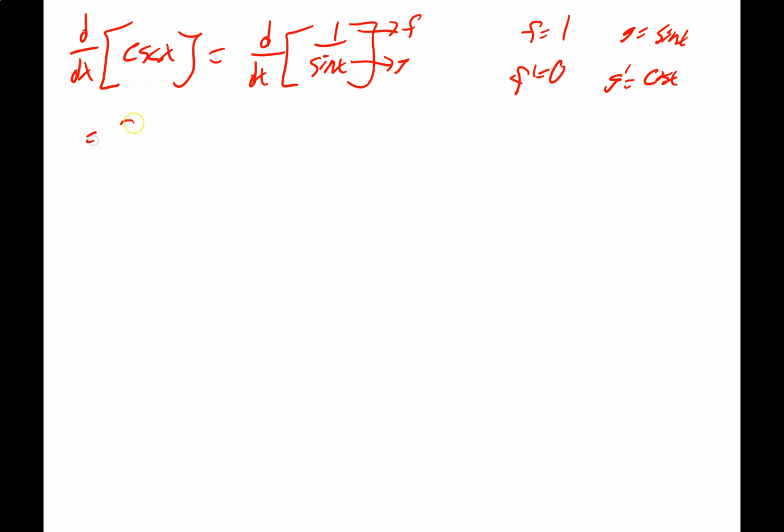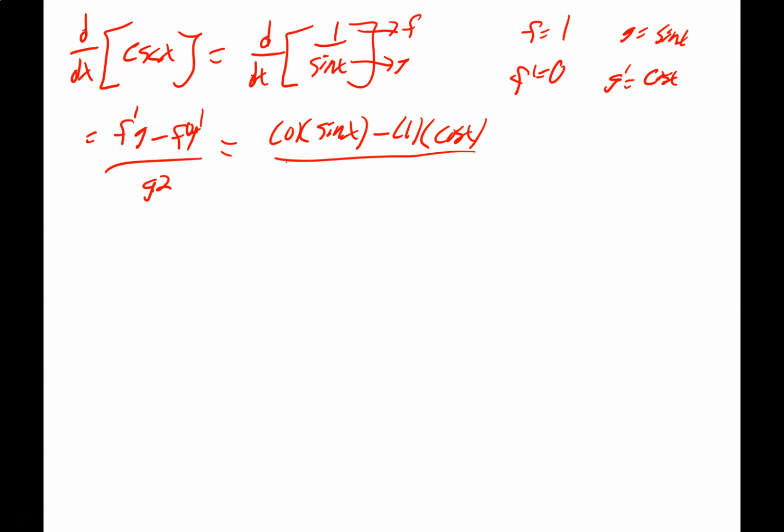So our derivative, remember, f prime g minus f g prime over g squared, prime the first, prime the last, and minus. So our f prime is 0 times our g sine minus our f, which is 1, times our g prime cosine, all over our g squared, which will be sine squared.